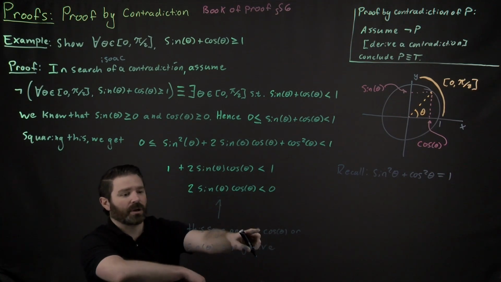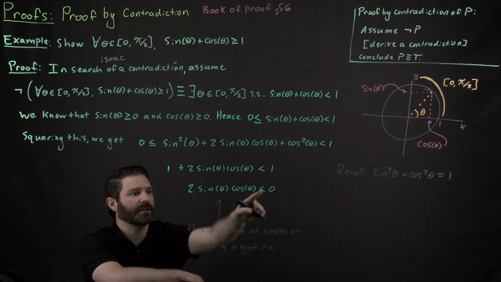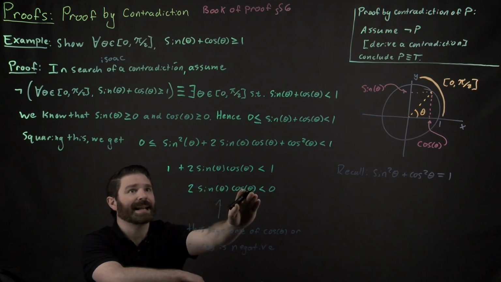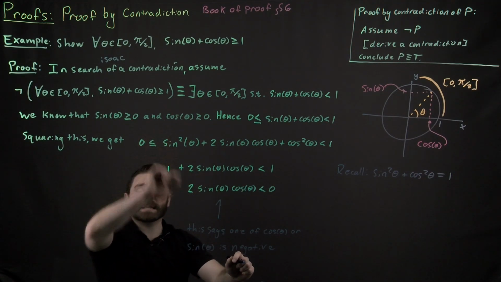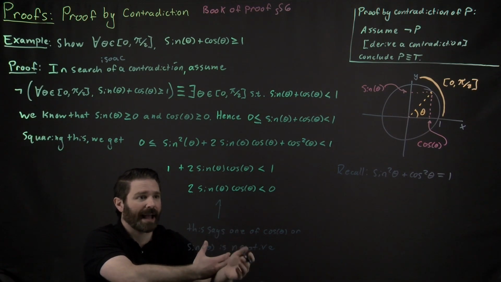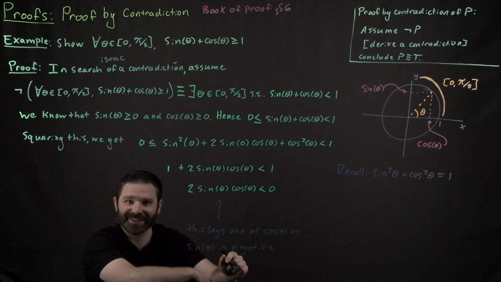that one of either cosine of theta or sine of theta is negative, because when you multiply them together, you get a negative number, and that too there is positive. So this statement and those statements cannot coexist together. That is a contradiction. You cannot have that one of them is negative and they're both not negative.